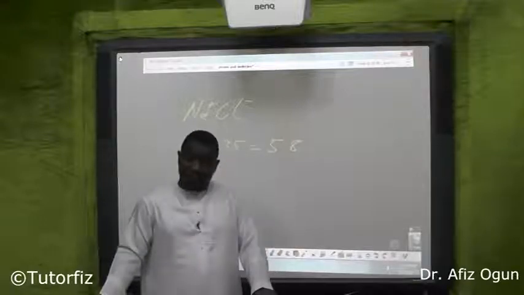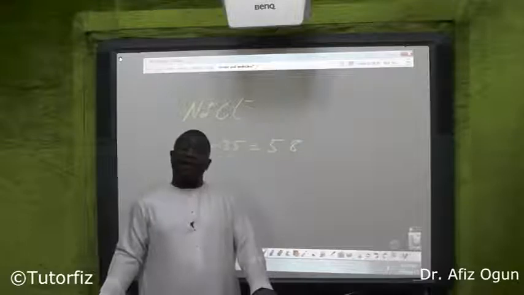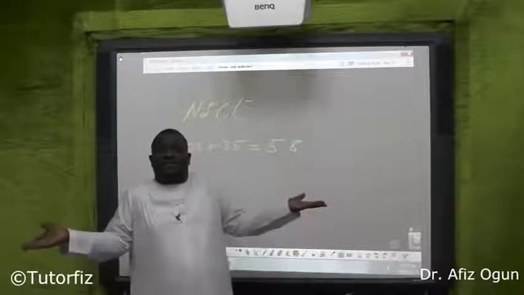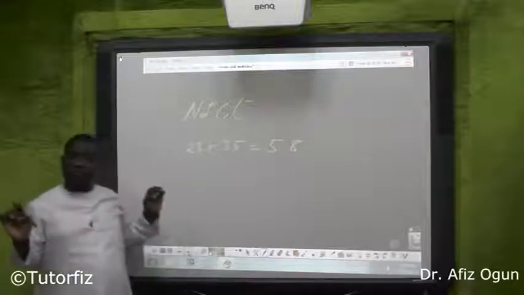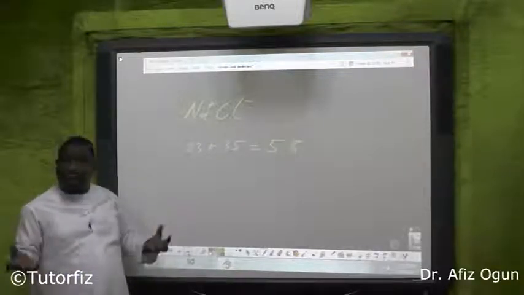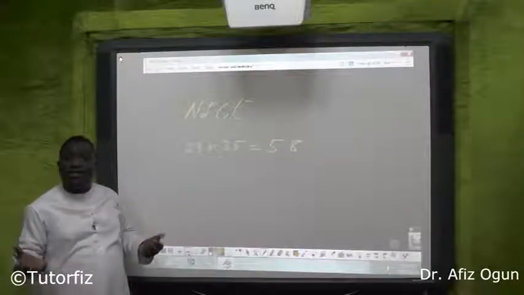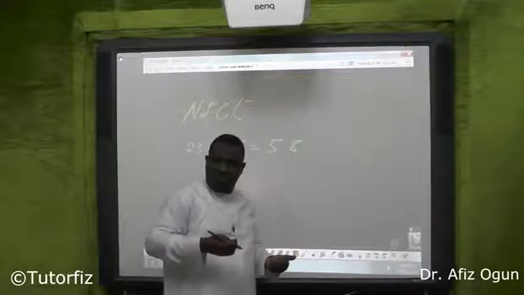And when this happens, the atoms with different neutrons will have different masses. We call them isotopes of each other. These isotopes, we want to get their masses. We don't call it atomic mass, we call it isotopic mass.